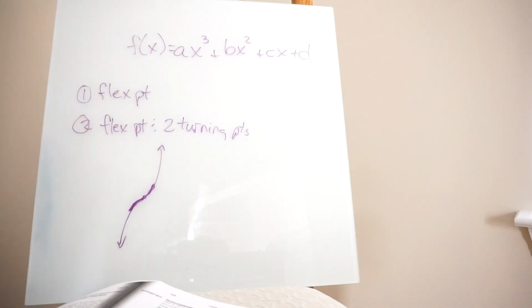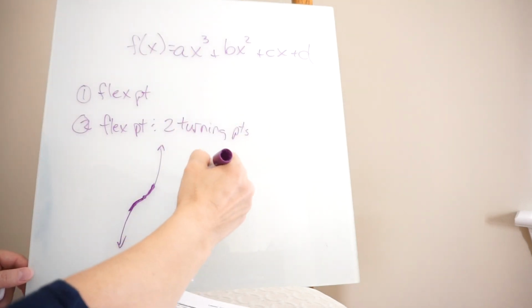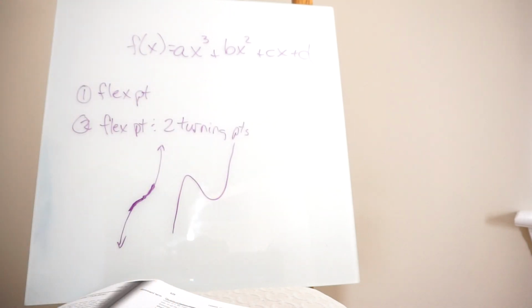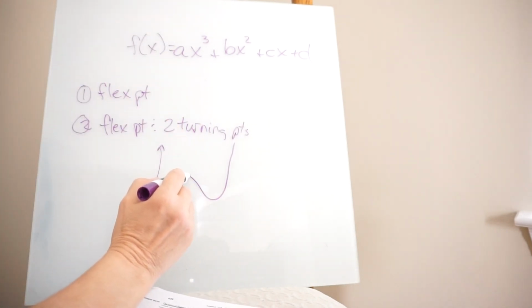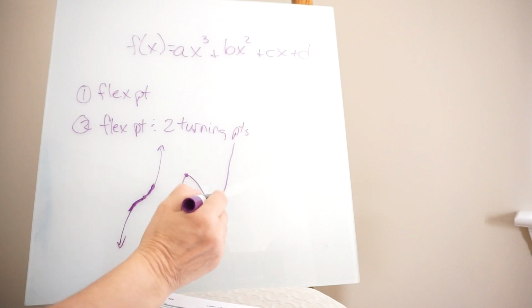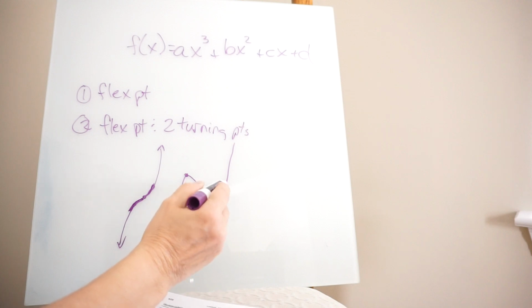So cubic functions can have one inflection point, or they can have an inflection point and two turning points, such as this. Where are the turning points and where are the inflection points? Here's a turning point because it's going from up to down. Here's a turning point because it's going from down to up.